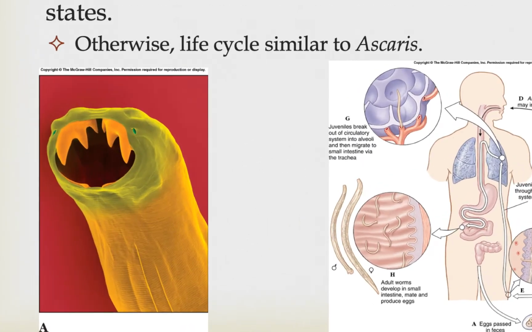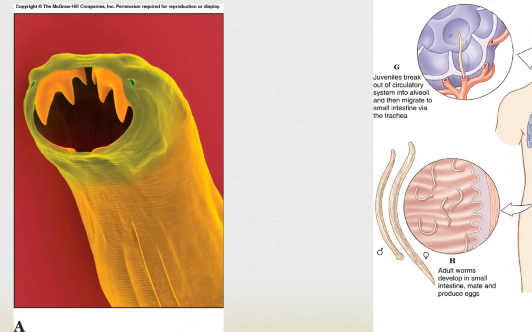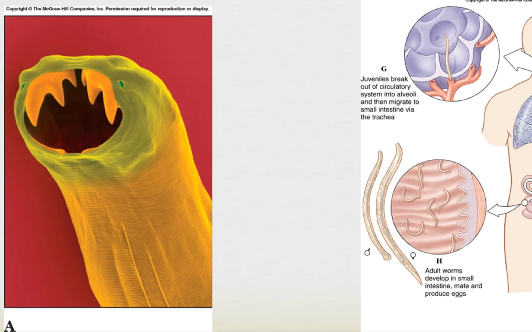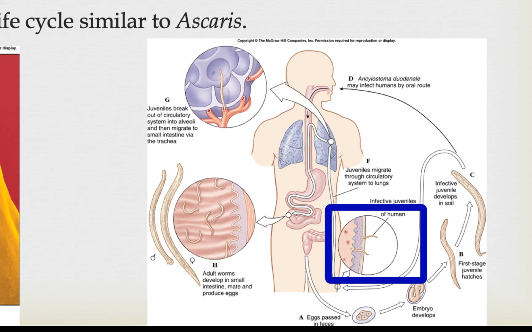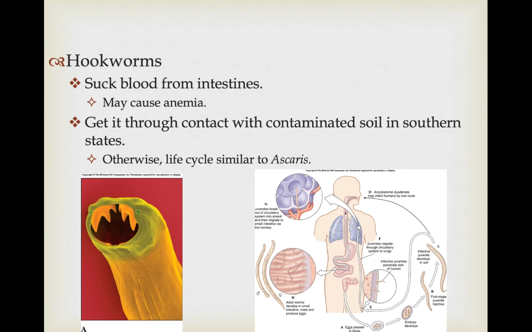These suckers, as you can see here with these big mouth parts in their muscular pharynx, they can actually just chew through your skin, get into the circulatory system, and then otherwise it's pretty much the same road trip that the Ascaris worms had. So that they make it go through the circulatory system to the lungs, then crawl through the trachea, and then end up into your intestines.